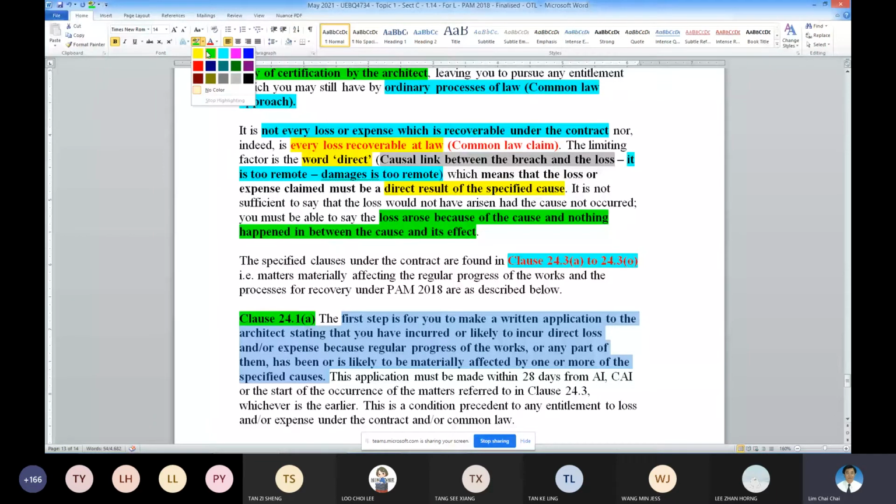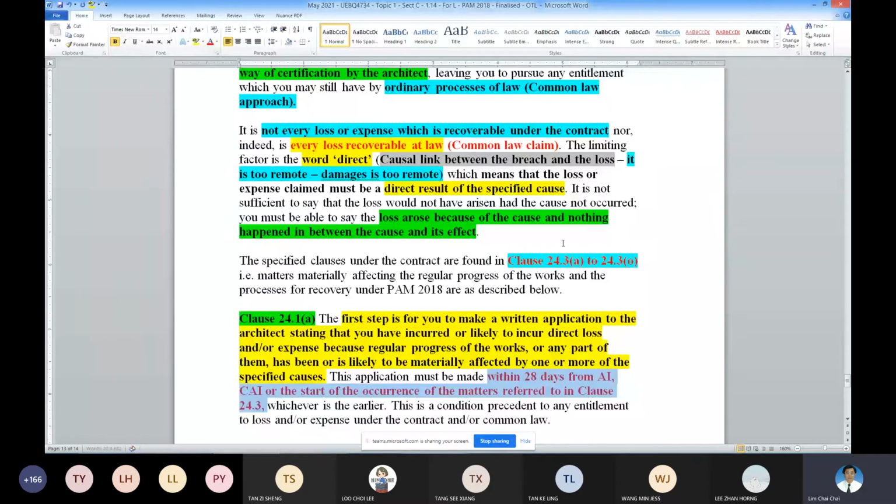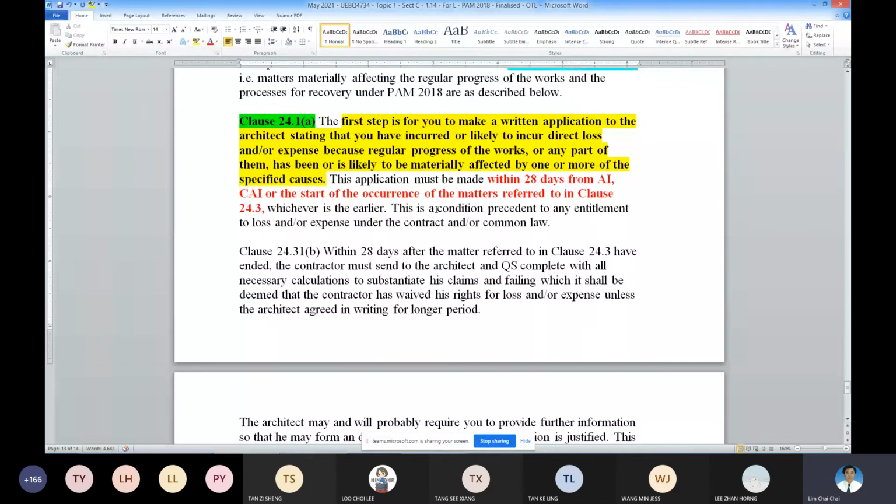It's typical from your extension of time, exactly the same. Okay. So this is the condition precedent, whether you want to claim for your contractual or common law. So in common law, I say there are 6 years. But before that, you need to put forward your so-called notification.